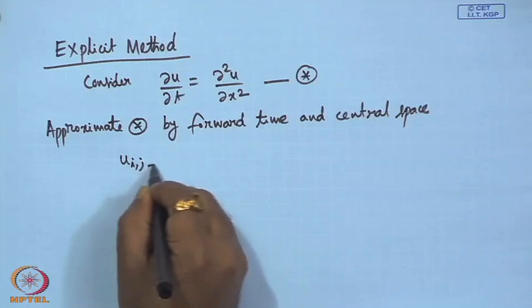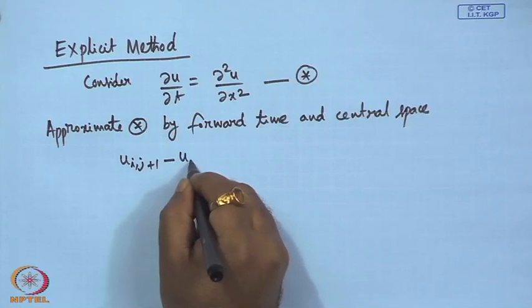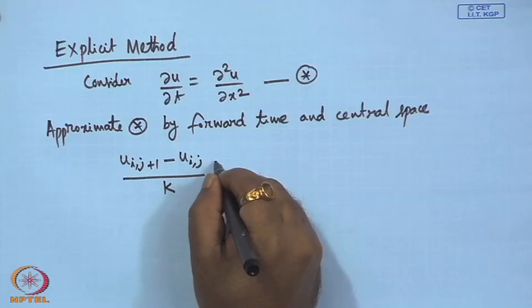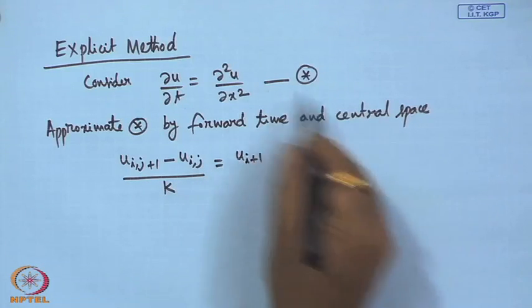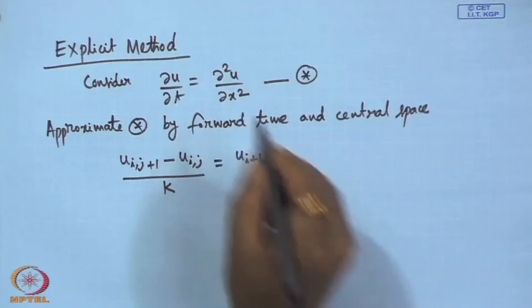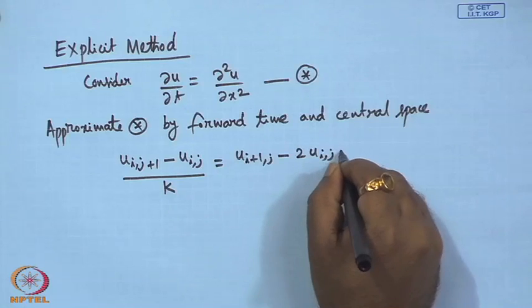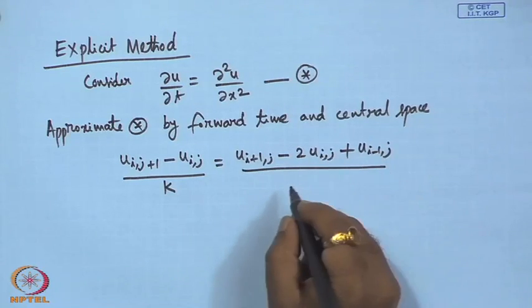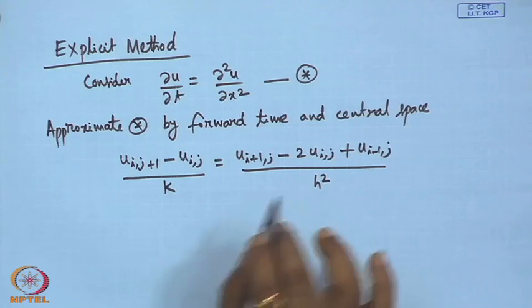By doing so, u i j plus 1, forward time, minus u i j equals, this is central space for the second derivative, over h square. So, if I do not mention anything, it is not nice.